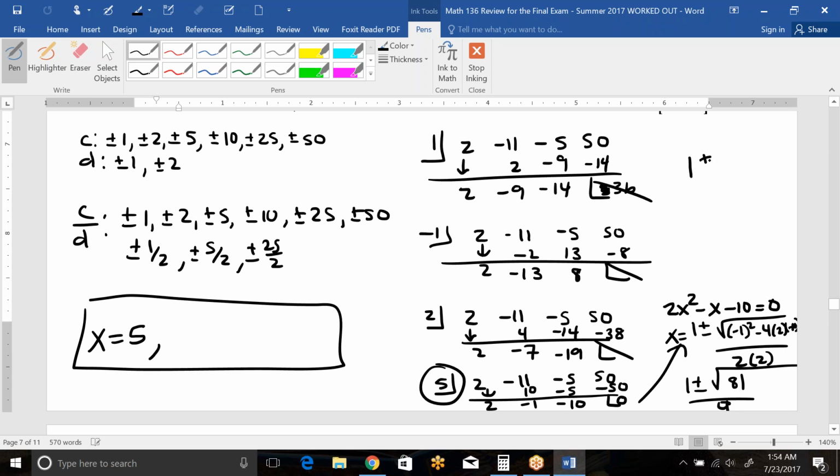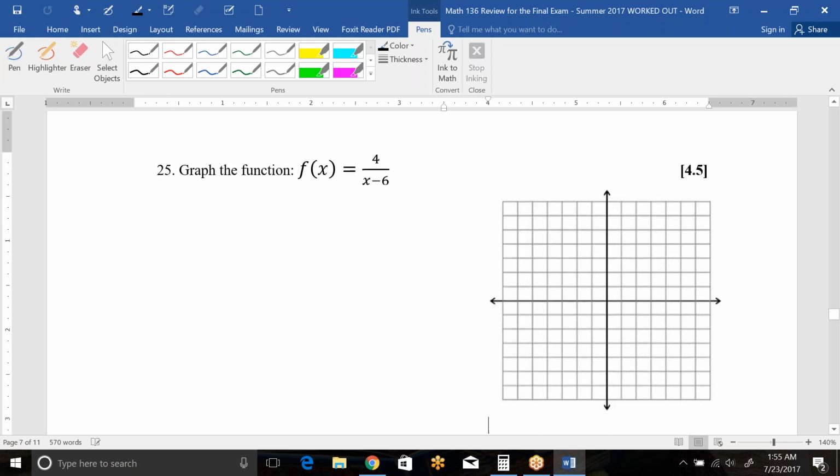So I'm getting 1 plus or minus 9, because square root of 81 is a perfect square, and then this is over 4. So 1 plus 9 over 4 is 10 over 4, so that's going to be 5/2. And then 1 minus 9 over 4 is negative 8 over 4, which is negative 2. Okay, so there are my 3 solutions.